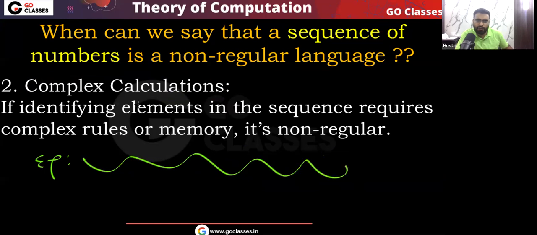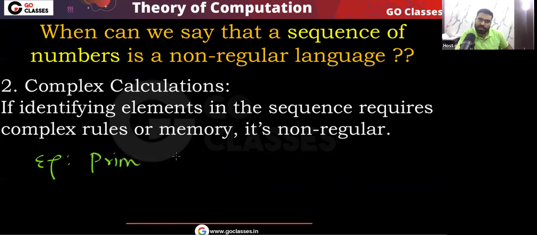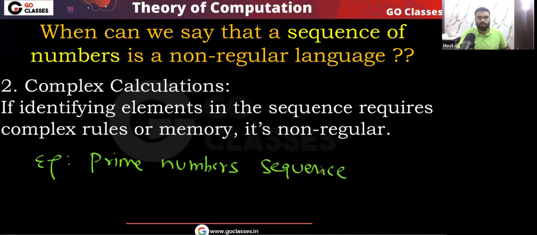That is again prime numbers, yes or no. In the prime number sequence, what will be the next prime number? You need some complex calculation. Do you agree with me?